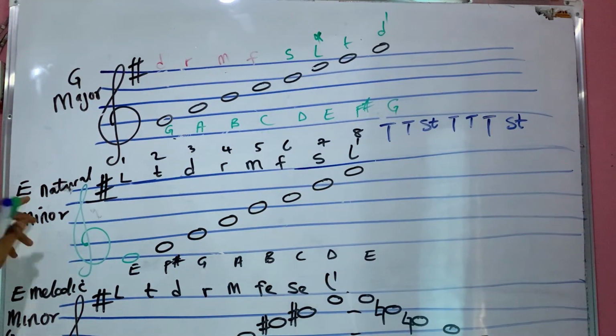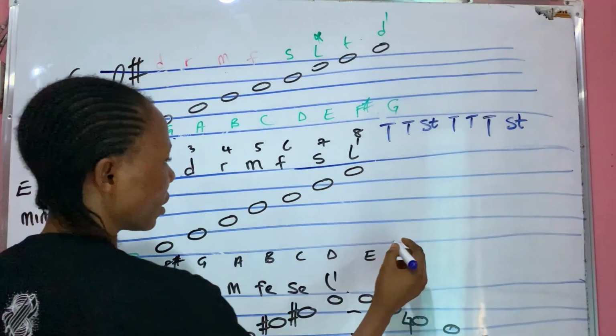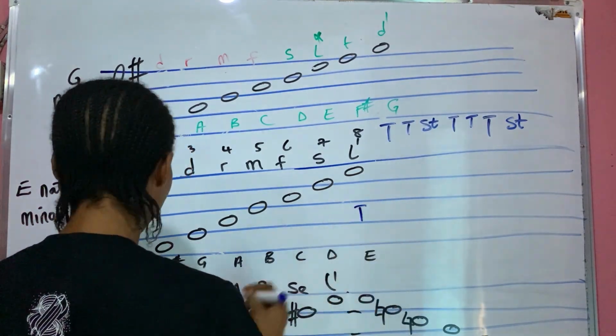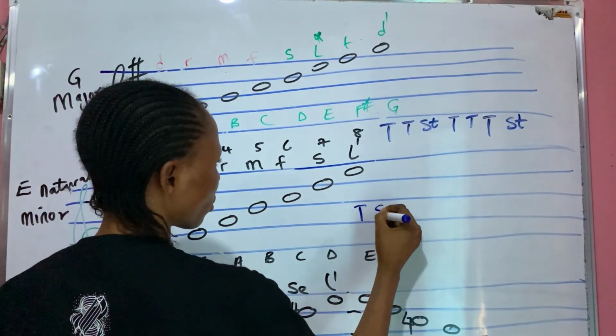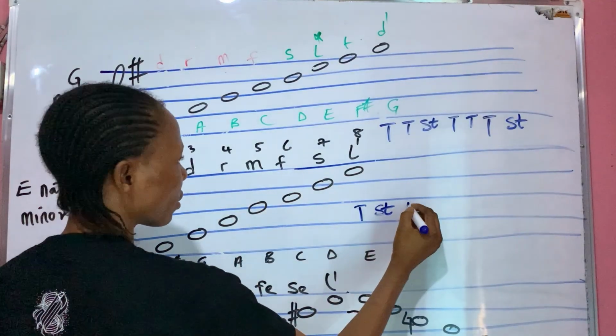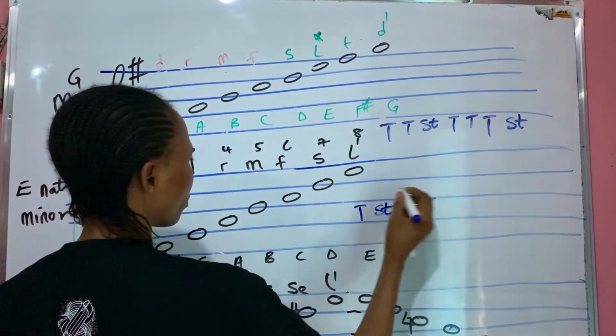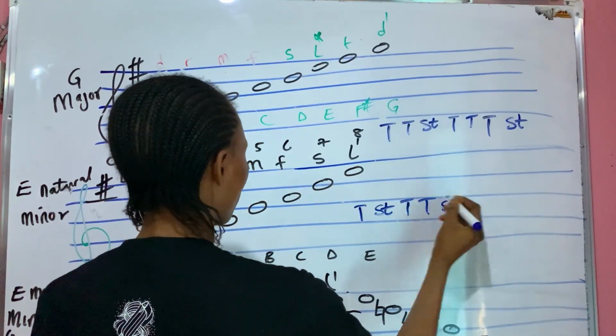Now, the formula for finding natural minor key. Let's look at it. E to F sharp is a tone. F sharp to G is a semitone. G to A is a tone. A to B is a tone. B to C is a semitone.